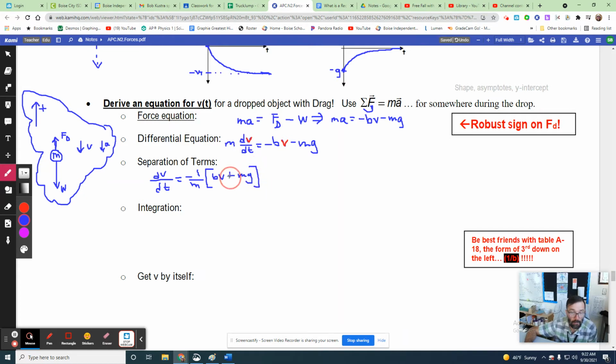Oops, plus. Okay, so what I did here is I factored out these two negatives to the front. There it is. I left these two terms positive. I moved this m to the other side by dividing on both sides.